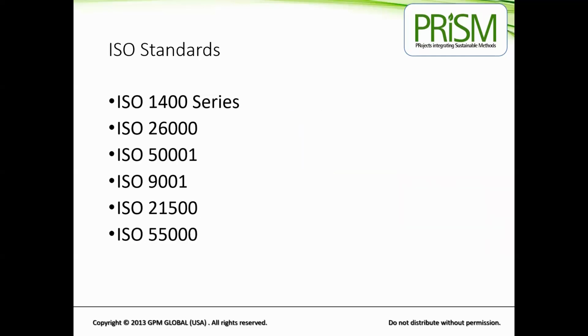The ISO standards incorporated within the P5 are ISO 14000, ISO 26000, ISO 50000, ISO 9000, ISO 21500, and ISO 55000. All these 6 ISOs are incorporated inside the P5 element when you design a project.